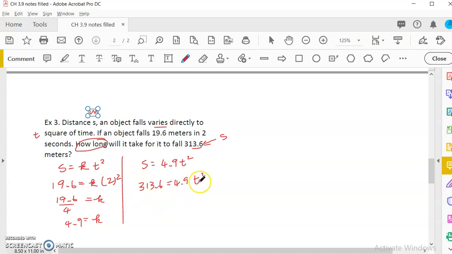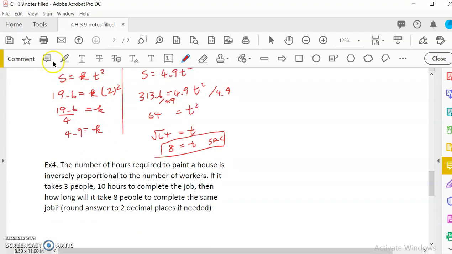Divide both sides by 4.9: 313.6 divided by 4.9 is 64 in the calculator. So what is t? You take the square root of 64. It's positive, you don't need to worry about negative. That equals 8. So in 8 seconds, it would fall 313.6 meters. That's the answer, in seconds.